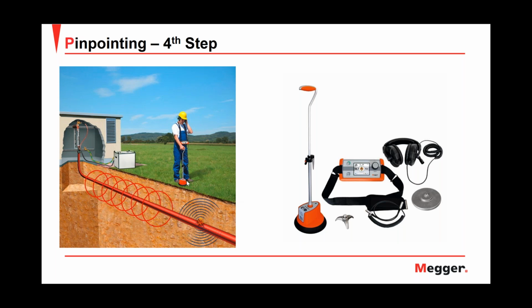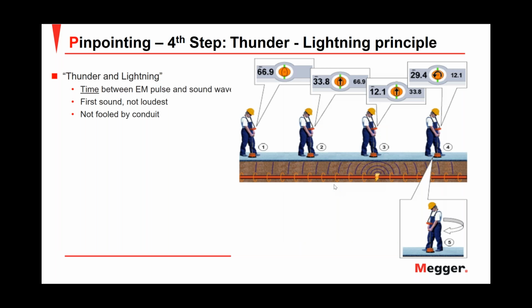And what I will do with my pinpointer is pick up both signals. We can say that in this case, the Digiphone from Megger works under the same principle as thunder and lightning. For instance, let's consider that we have an electrical storm. If we have an electrical storm, the first thing that I will see is the lightning.